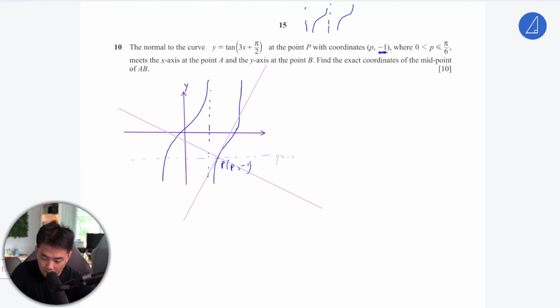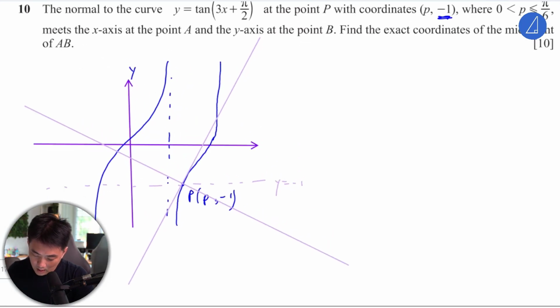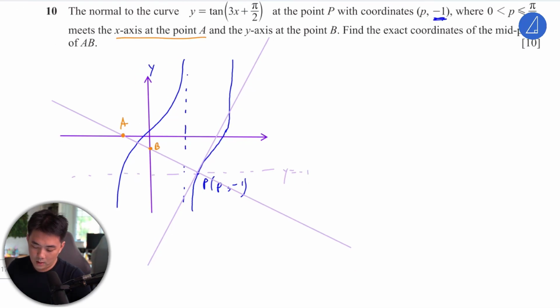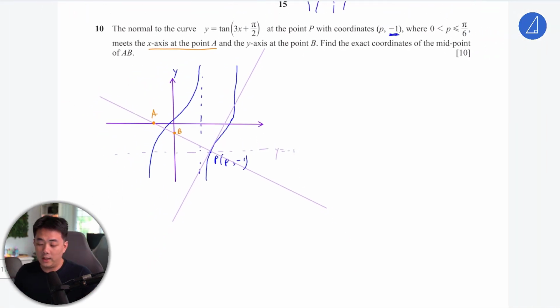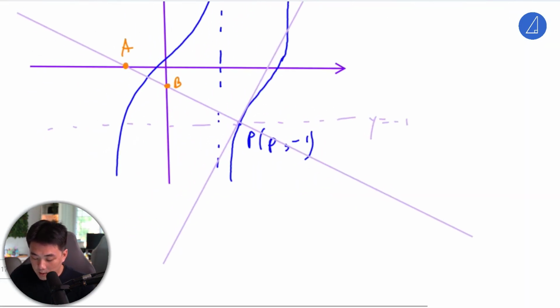It will meet the x-axis at point A and the y-axis at point B. Okay, great. We are told to find the exact coordinates of the midpoint of AB. So we know that A would be (a, 0), right? And B would be (0, b).